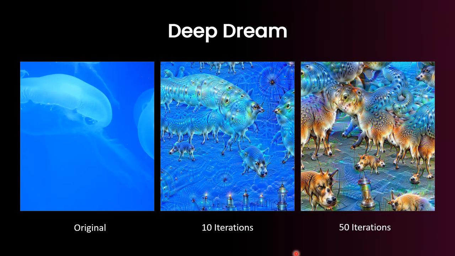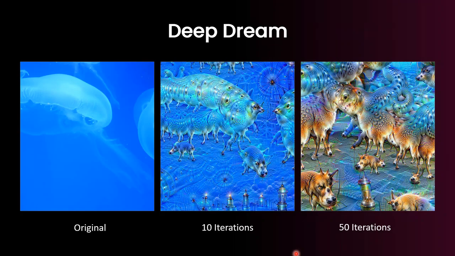So the features that the layers of the model learned are reflected on the generated image. It works, but it's not the best, and it hasn't been useful for good usage.